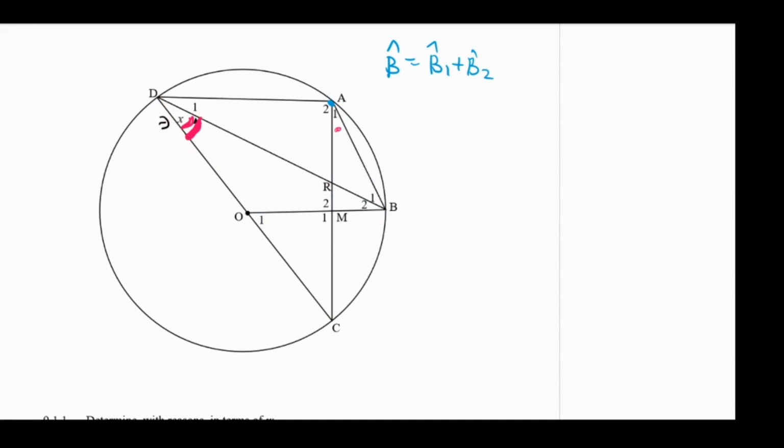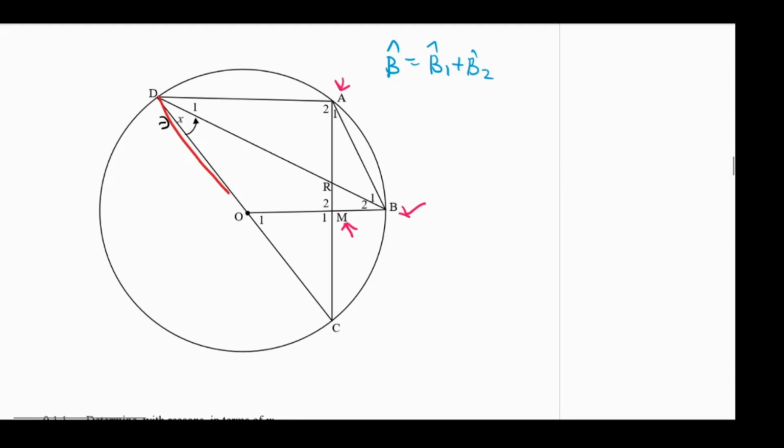Now we're simply going to find angle A first. We know angle M is 90 degrees, then we'll be able to find this one here.